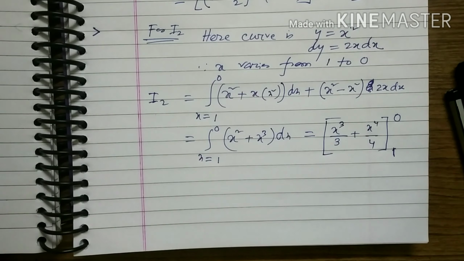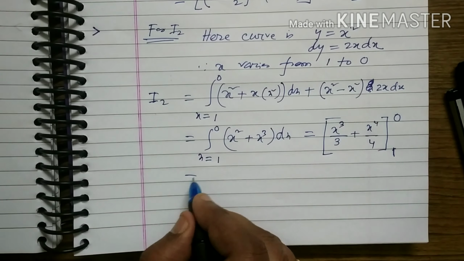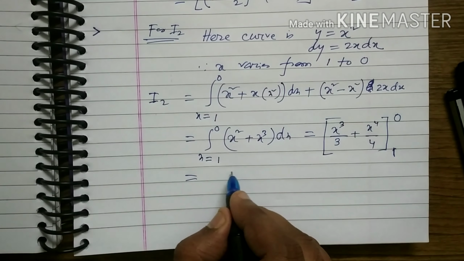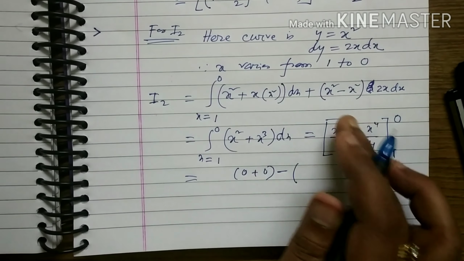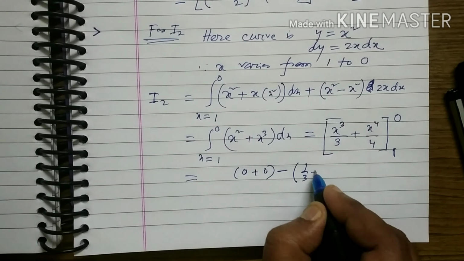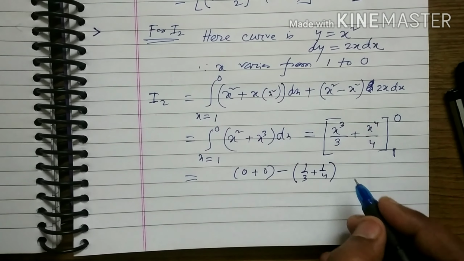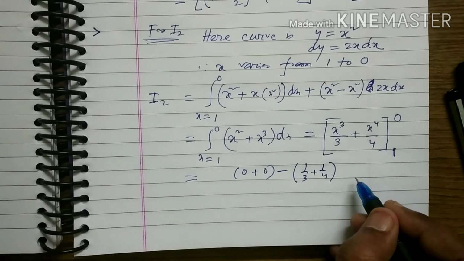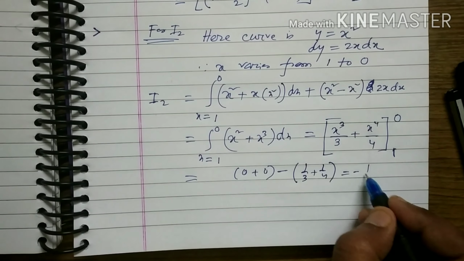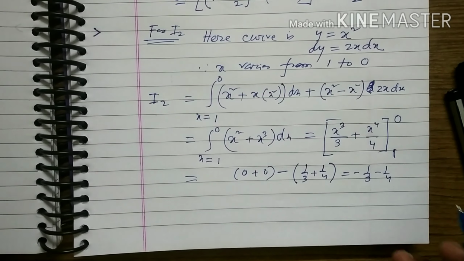Any doubt? If I substitute the upper limit minus the lower limit, that is 0 minus 1 by 3 plus 1 by 4, which equals minus 1 by 3 minus 1 by 4. This is your I2 value.